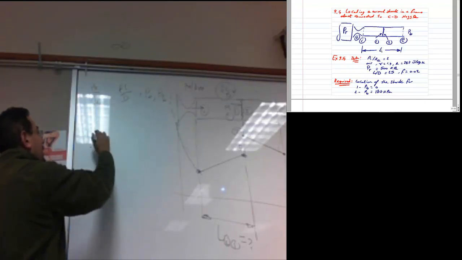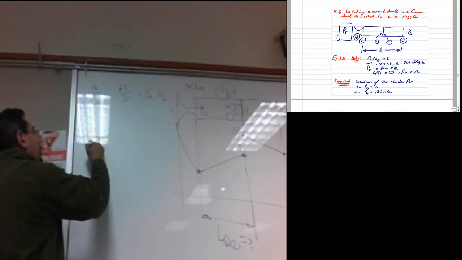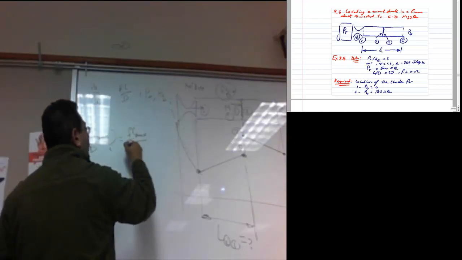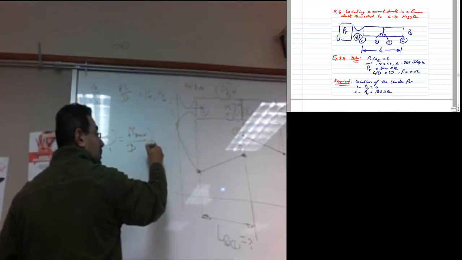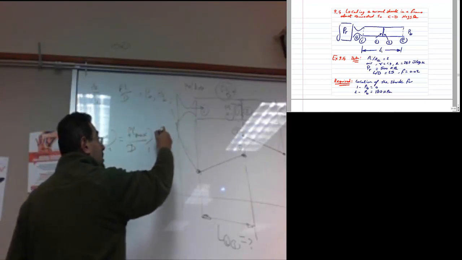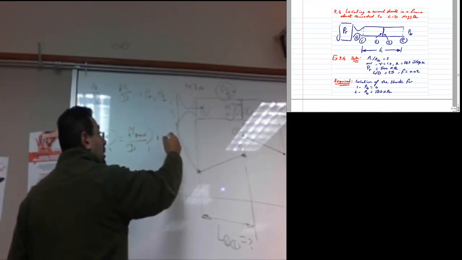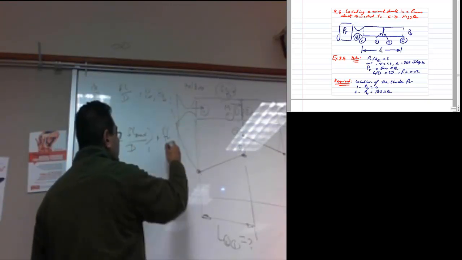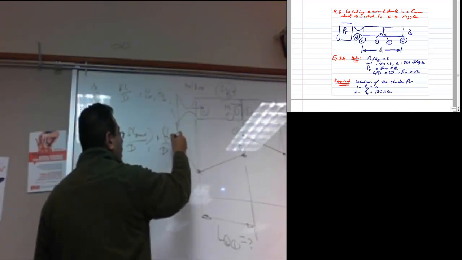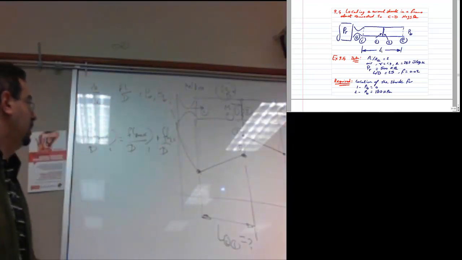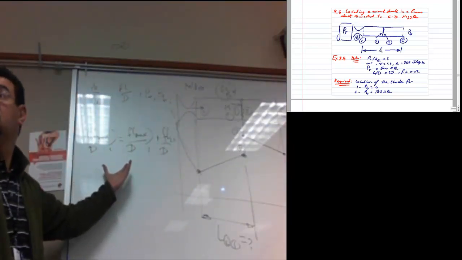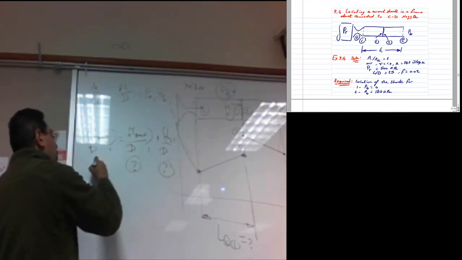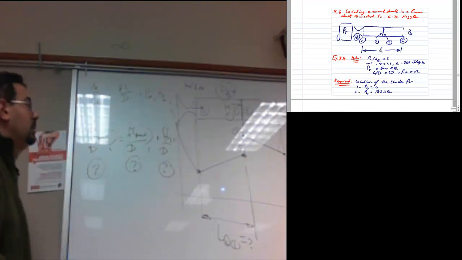L_i max over D_i equal to FL max over D_1, right? Plus FL over D. Which L? L_i1, right? Because this is for the first duct.